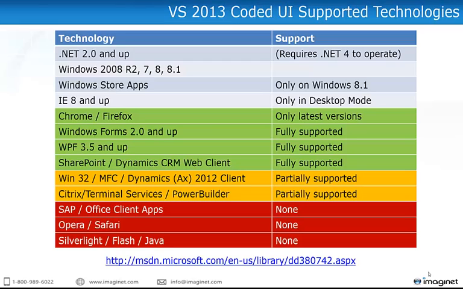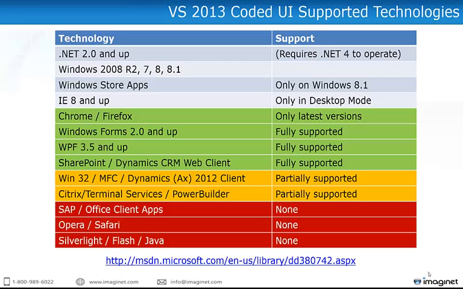All Windows Forms applications 2 and up are fully supported. All WPF applications from .NET 3.5 and up are fully supported. SharePoint and Dynamics CRM Web Client are fully supported. There's some partial support for Win32 applications, MFC, and Dynamics AX 2012 client applications, as well as Citrix terminal services and Power Builder.